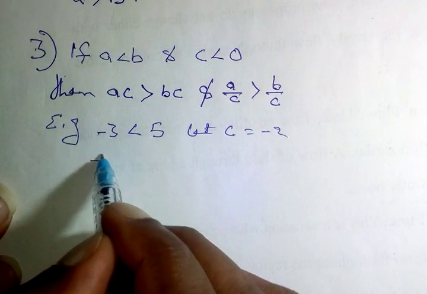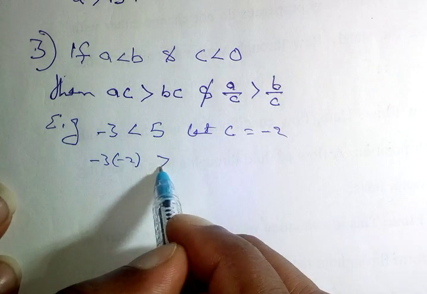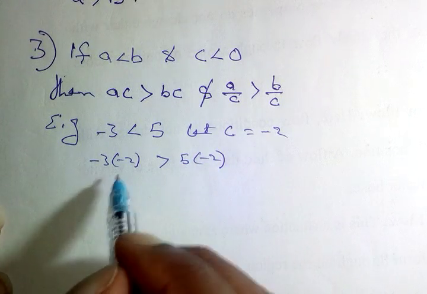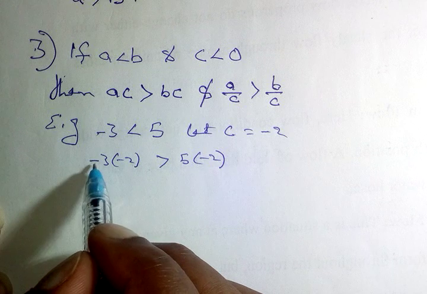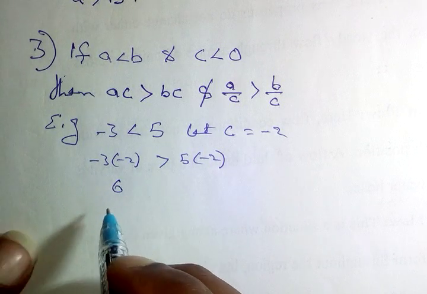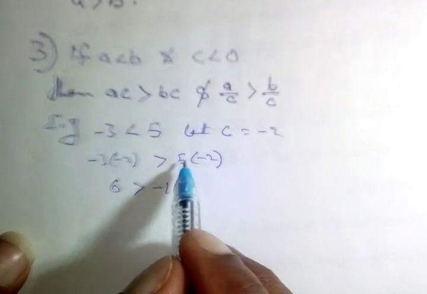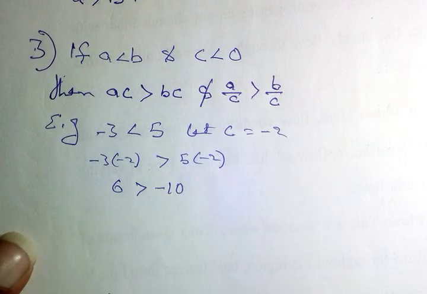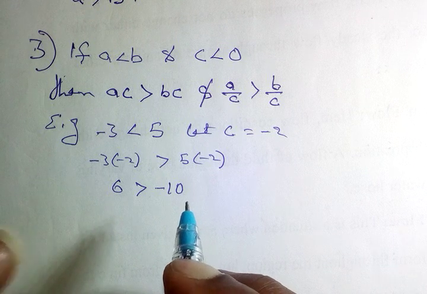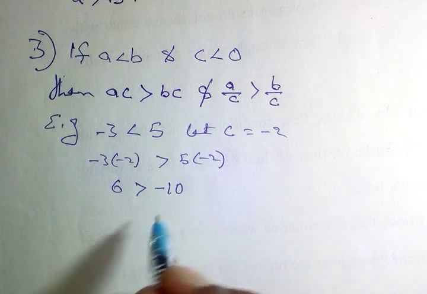It means that negative 3 times negative 2 will now be greater than 5 times negative 2, which is going to give me, negative times negative is positive, so we're having only 6 here, which is 3 times 2, which is greater than negative 10, which is 5 times negative 2.